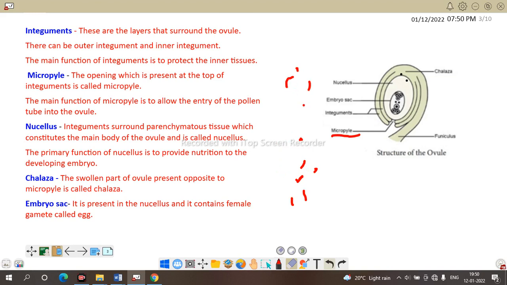Okay. Next is nucellus. The parenchymatous tissue surrounded by the integument constitutes the main body of the ovule and is called the nucellus. So here is the nucellus. This white portion is the nucellus, which forms the main body of the ovule, and it is parenchymatous in nature.